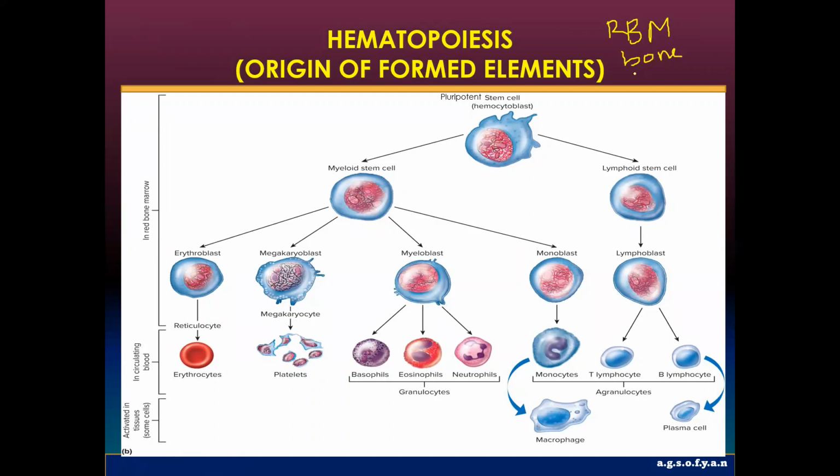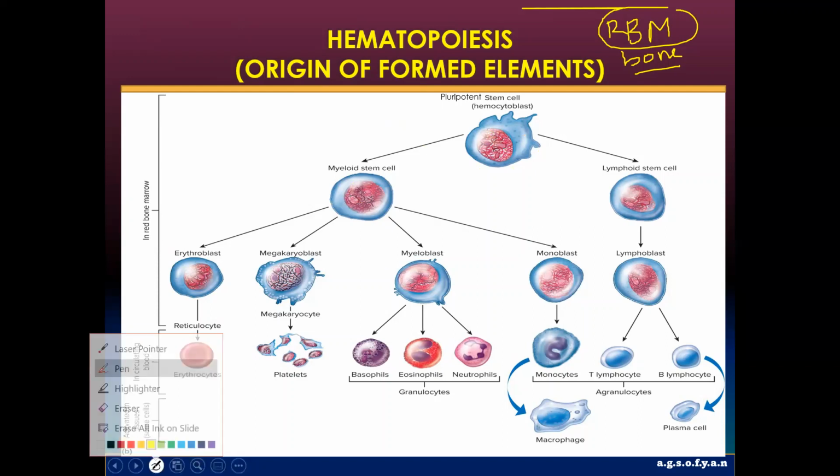The bone tissue, especially the part called the red bone marrow, is the place to produce all types of blood cells: red blood cells, white blood cells, and also platelets. All of them are produced in the red bone marrow.